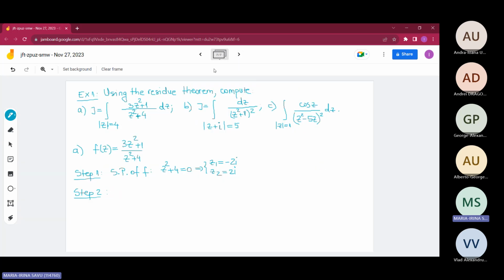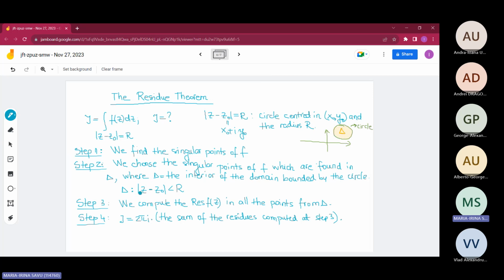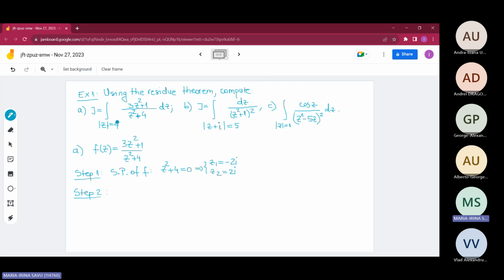First of all, let's use the method based on the algebraic condition of delta. If you have this equation, it means that you have a circle, and the domain delta is given by the modulus of z less than 4.